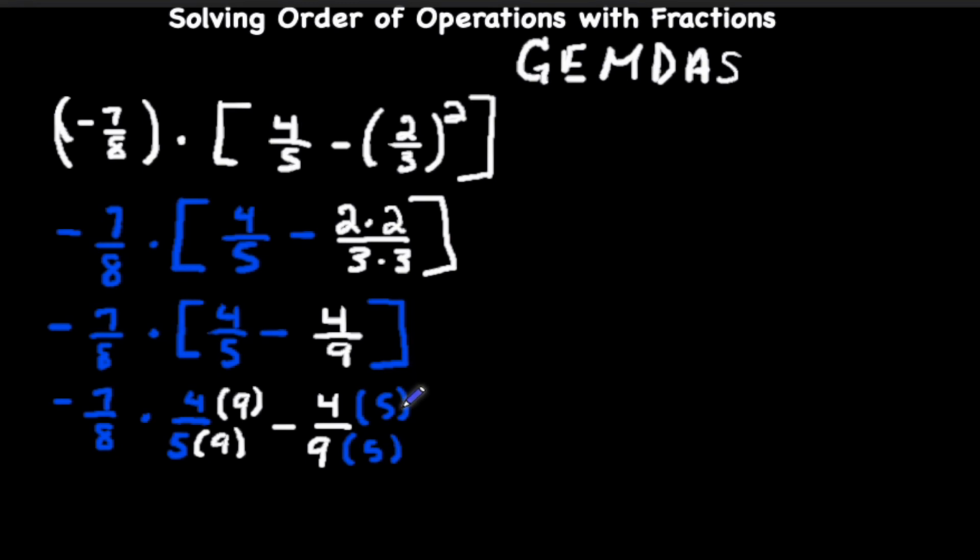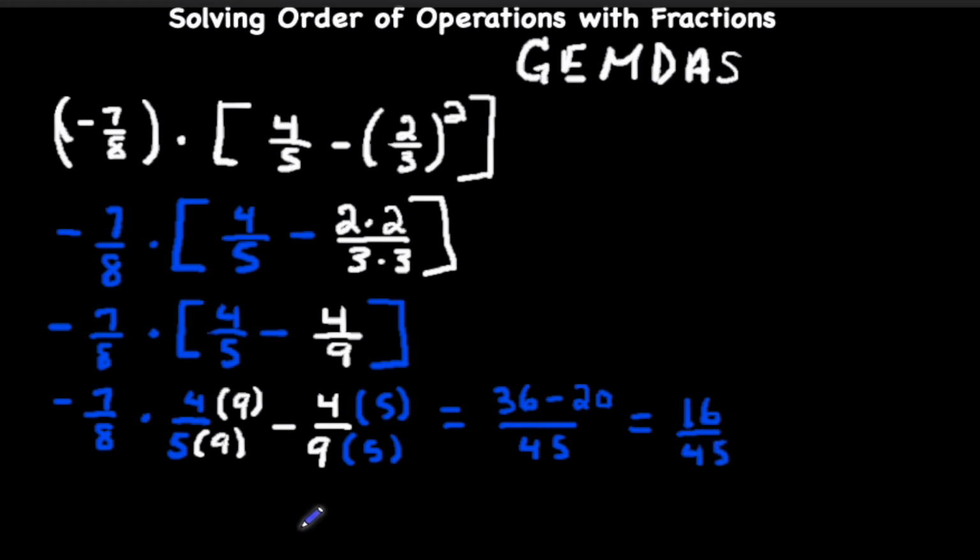Okay, so now let's go ahead and subtract our fractions. So we have a common denominator of 45. Now we're going to multiply 4 times 9, which is 36, minus 4 times 5 is 20. So that's equal to 16 over 45.